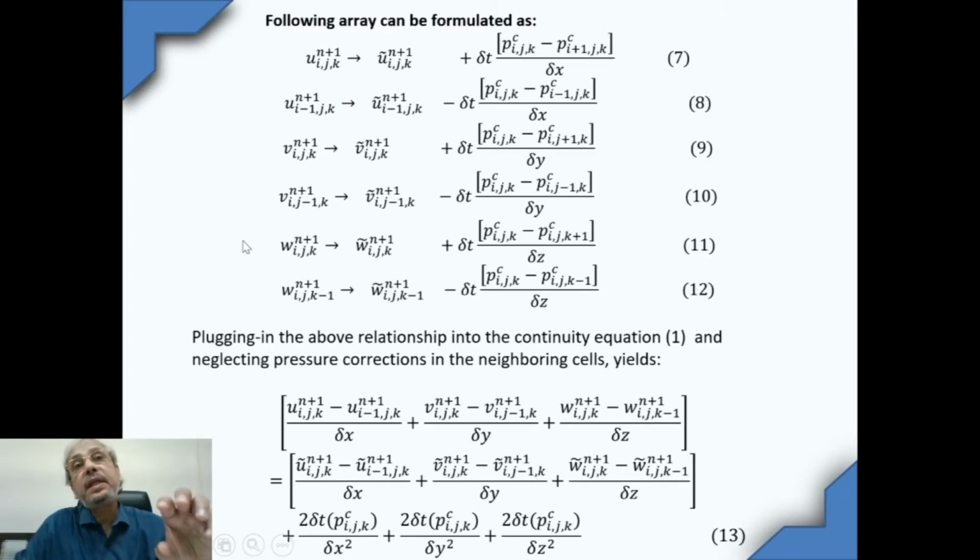And these are the velocities on each face of a cell.